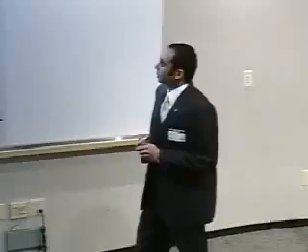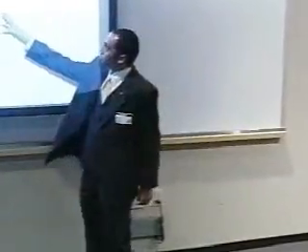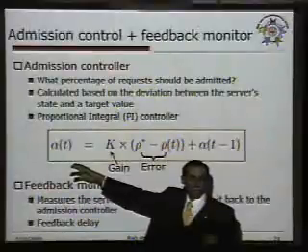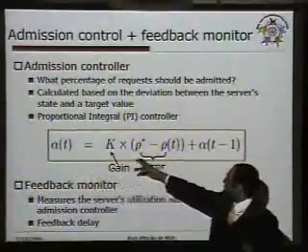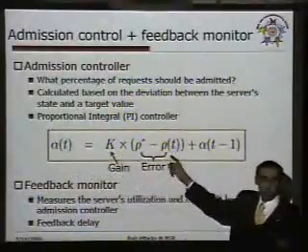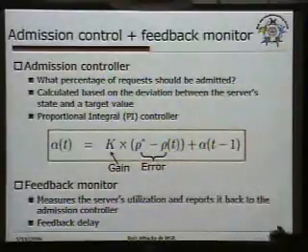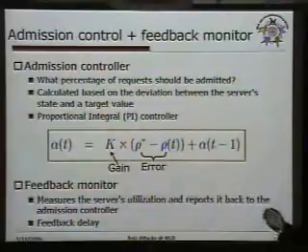The admission controller decides what percentage of requests should be admitted, and we used a PI controller, a proportional integral controller. So alpha of t, the admission ratio at time t, is equal to some k times the error signal, which is how far you are from your target, plus what the error was before. And alpha of t should always be between 0 and 1.